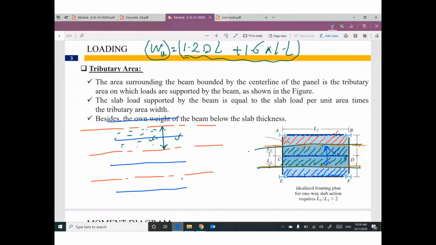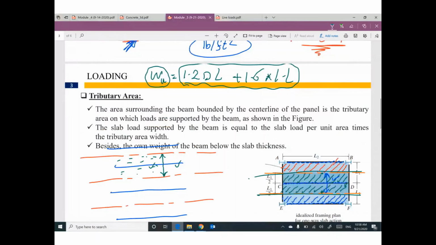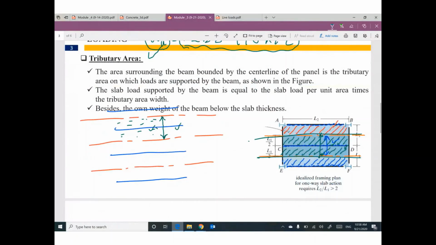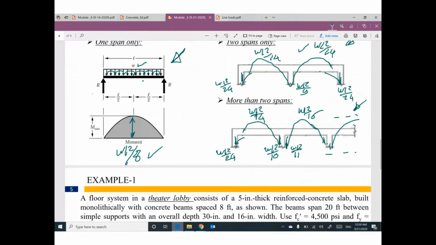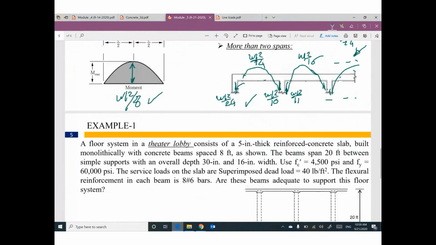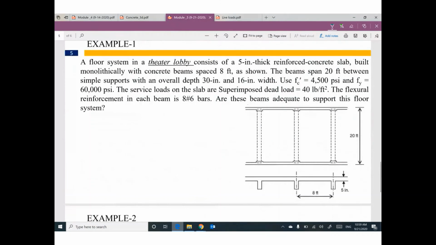So if you multiply this load by this width, finally you have a beam with distributed load. If this beam is one span, here is your moment. If this beam is two spans, here is your moment. If this beam is more than two spans, here is the moment. Once you get your moment, I can do some design. And I will cover these two examples next time. We have very important examples.